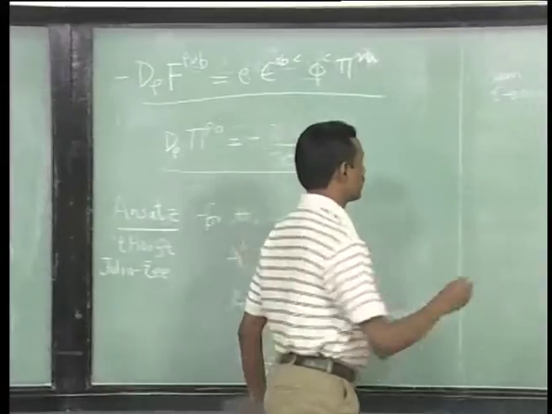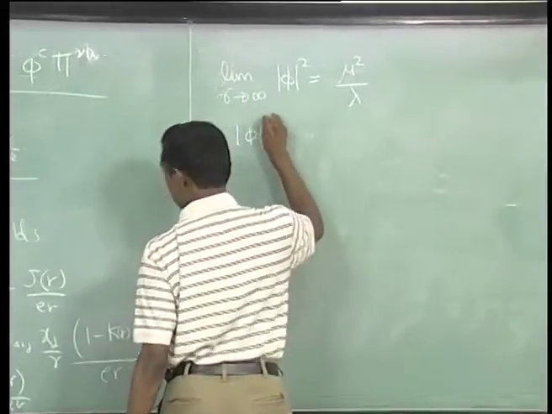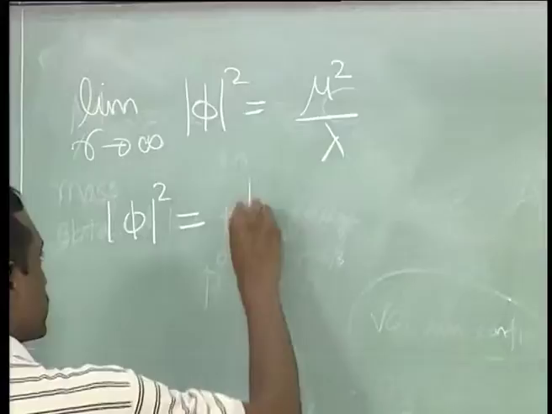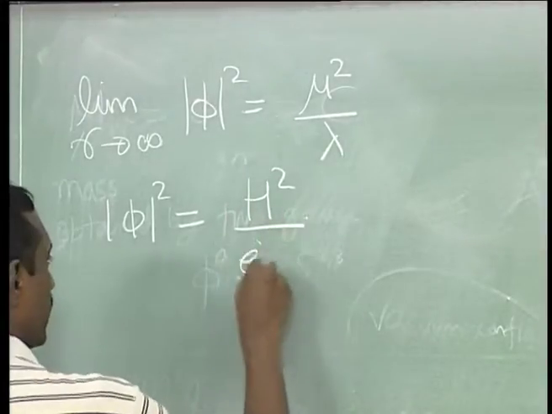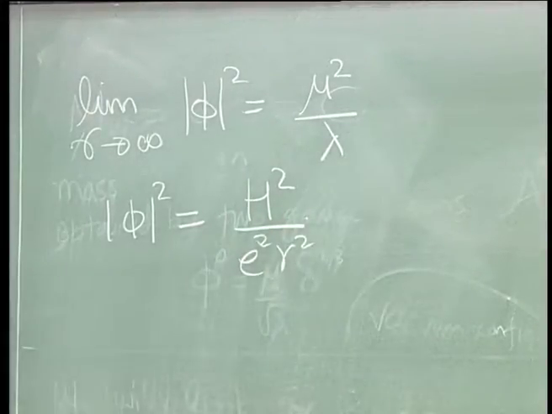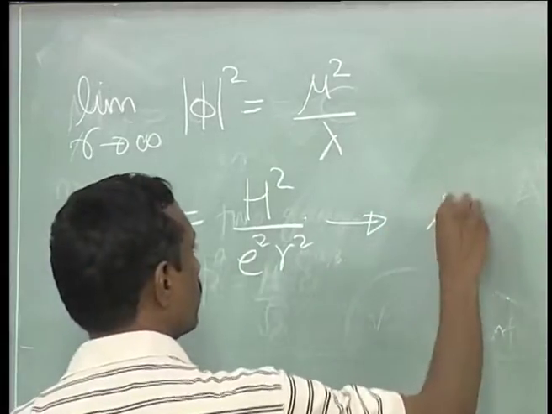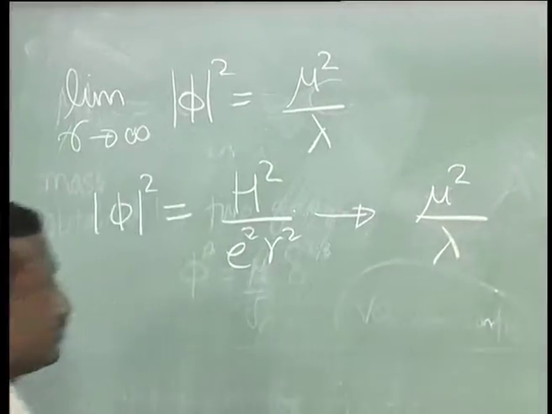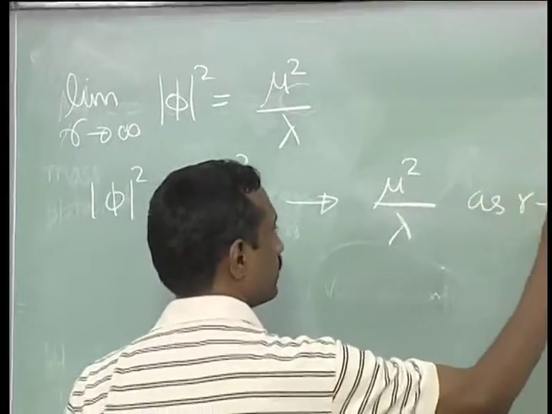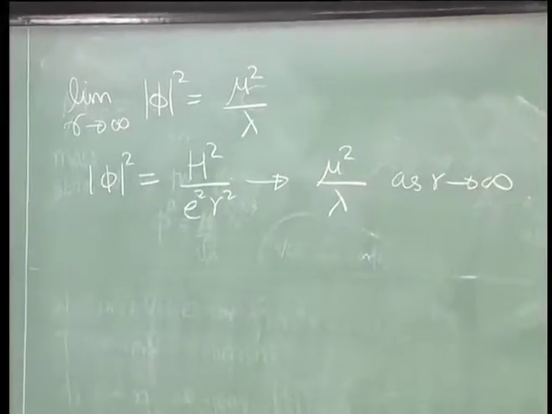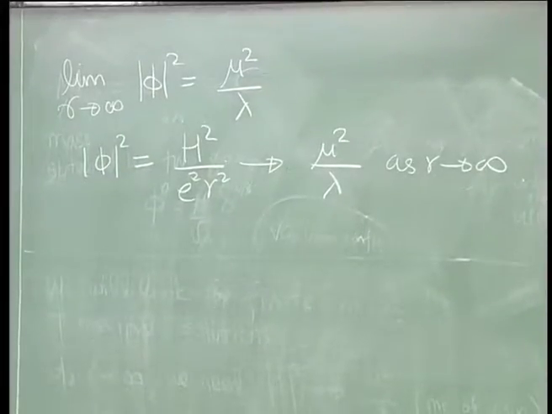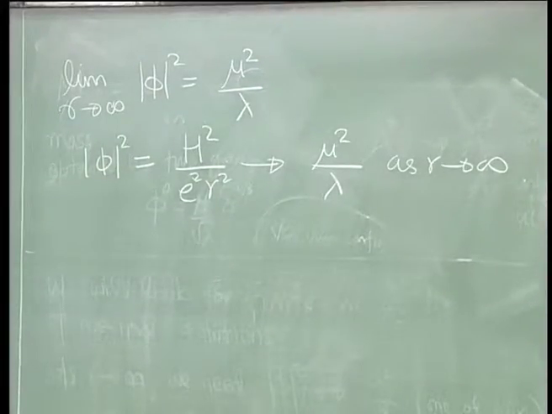So for the ansatz, mod phi square is equal to H square divided by e square r square, and this should tend to mu square by lambda, so H of r should tend to that.